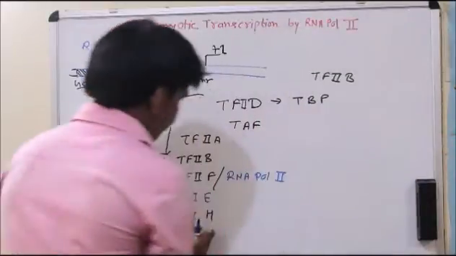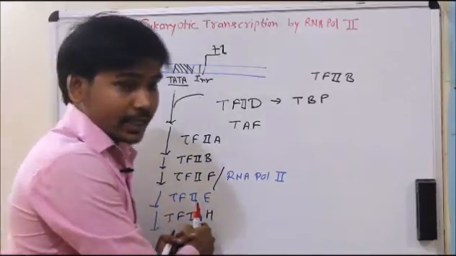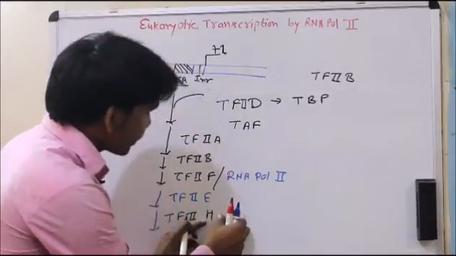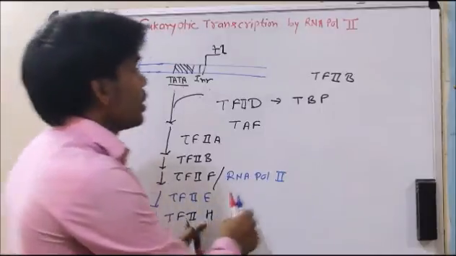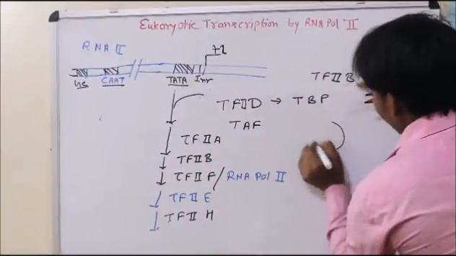H acts as a helicase. How does it act as a helicase? Because H is a factor found in the RNA polymerase II large subunit.